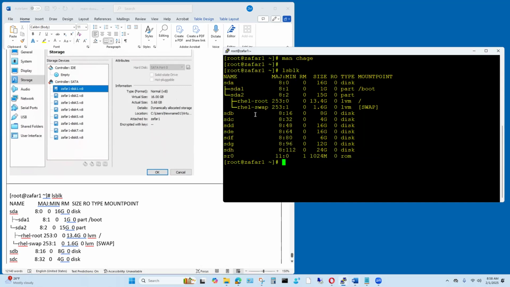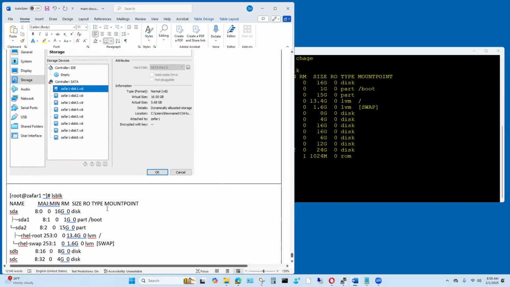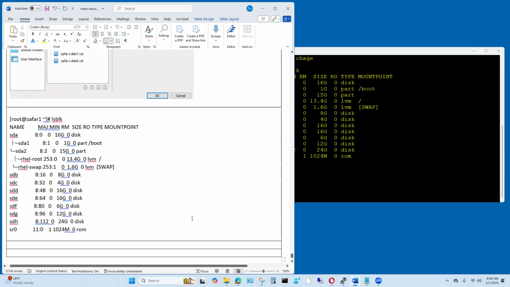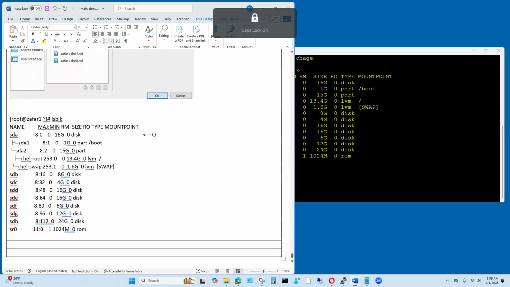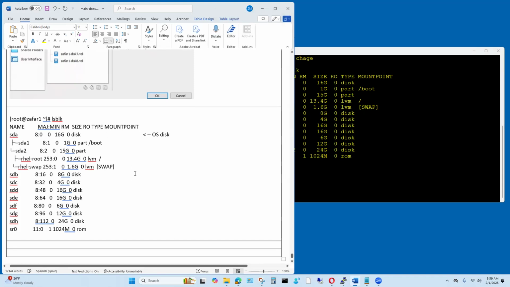Under SDA, I have SDA1 and SDA2. This is a system-generated file system because this is the OS disk. It has been created by the operating system, and we leave that alone.